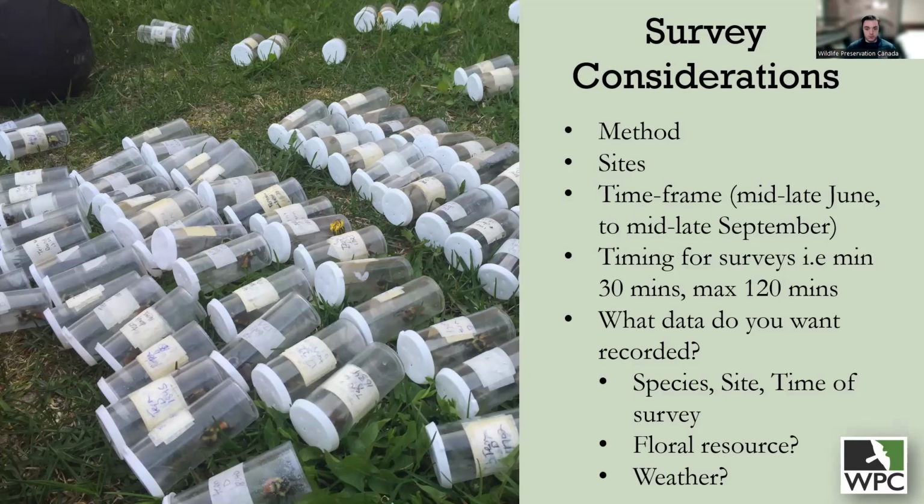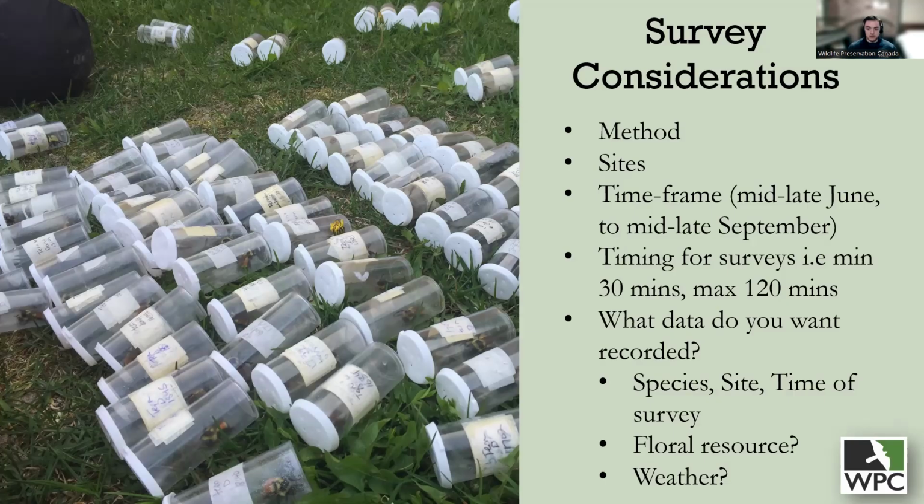Bumblebees are emerging in the early spring, so you could imagine that would be late April, early May, depending on where you are, and they're active until the early fall. When you want your program to run would be dependent on things like what flowers are available on your sites and when.